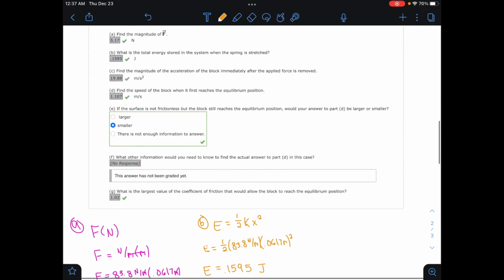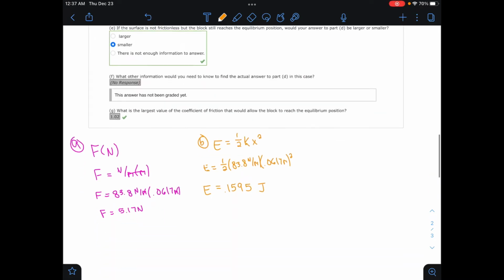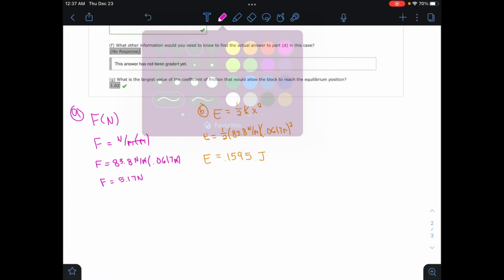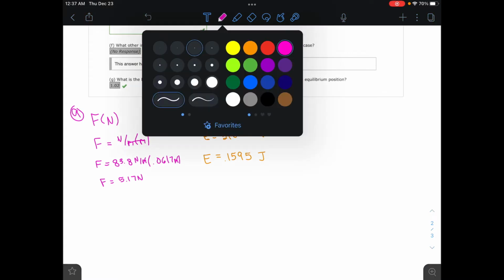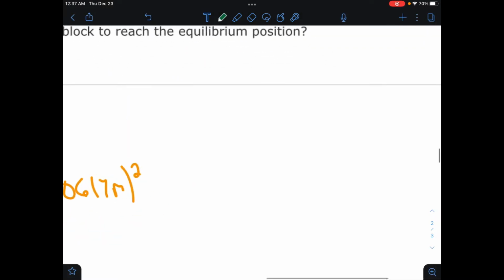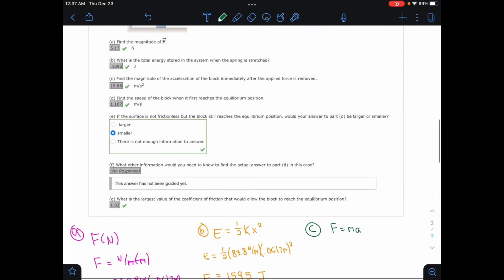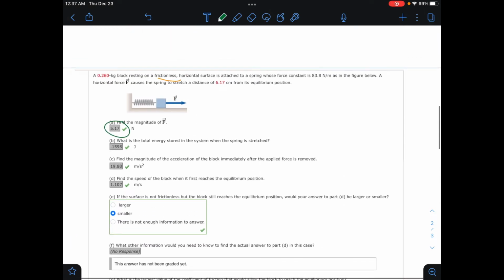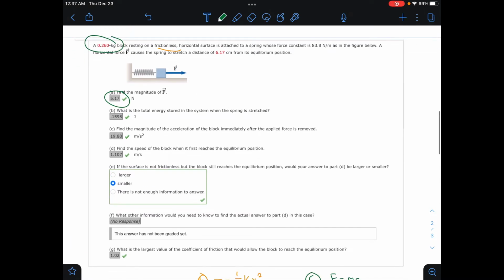Find the magnitude of the acceleration of the block. Now this is where we can use Newton's second law, probably one of the core laws of physics, F is equal to ma. We have the force from part A, and we're given the mass. Now we have to find acceleration, which is in meters per second squared.